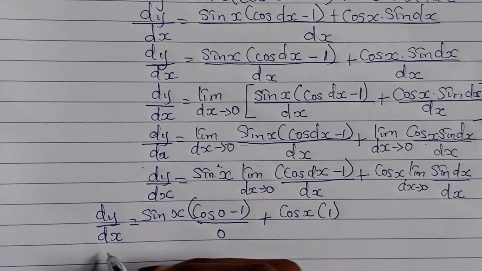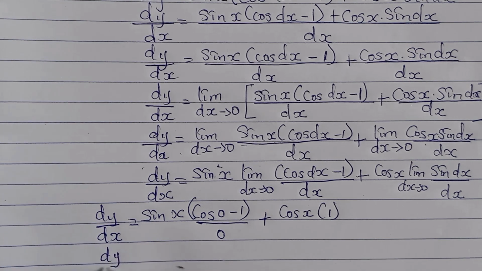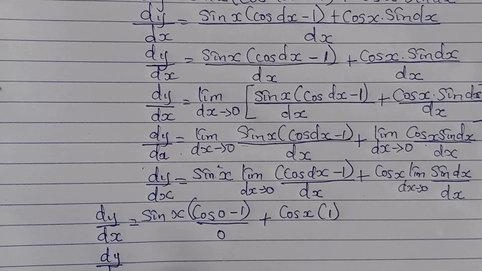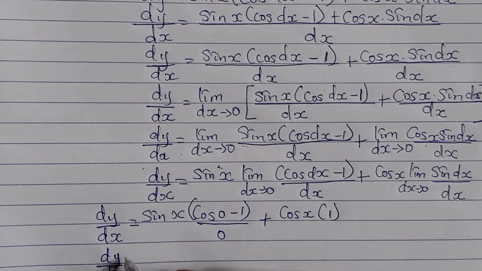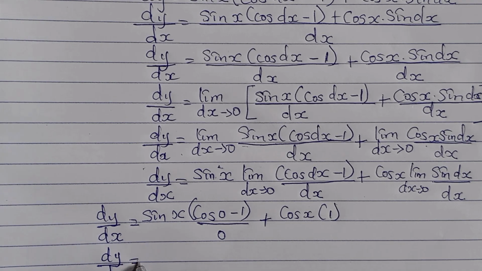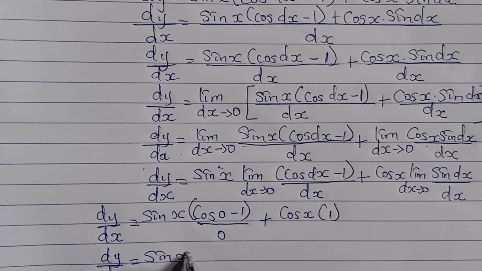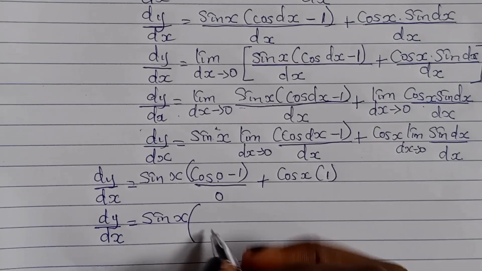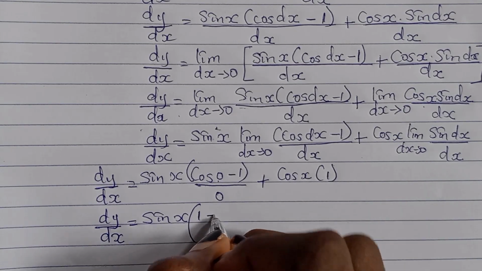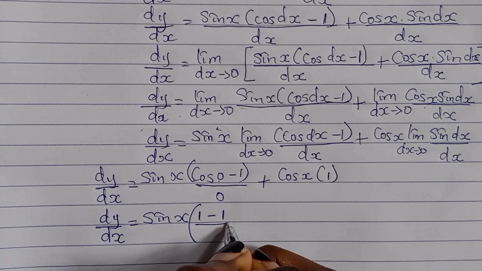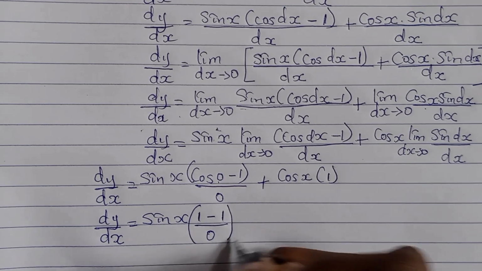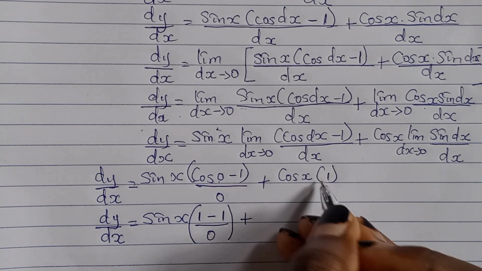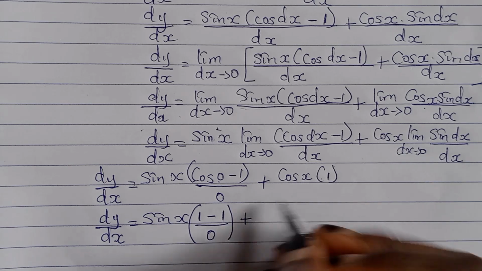Now we have dy/dx equals sine x. As we all know, cos 0 is 1, minus 1, divided by 0, plus cos x times 1.